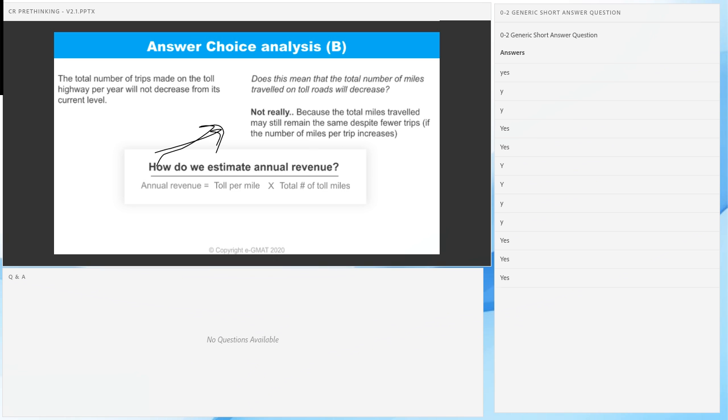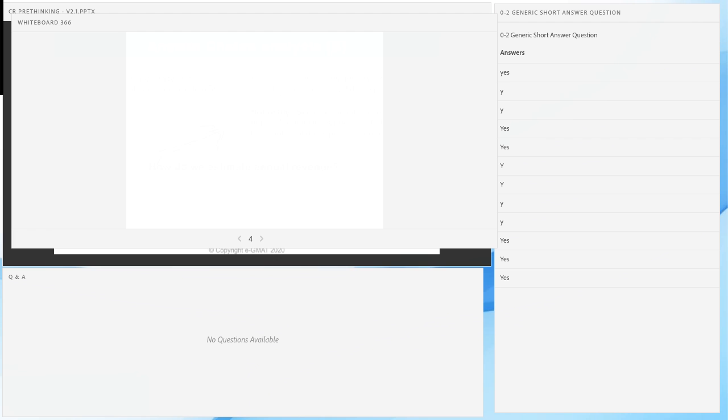Now let me address the question this particular student had, which was how do we figure out the number of toll miles? I'm going to bring in a whiteboard. A toll highway is like this road where you have multiple posts, and you may have an entry point here and an exit point here. Most toll highways work both ways, so it could be entry at both ends.